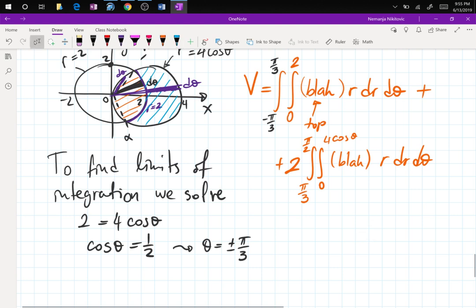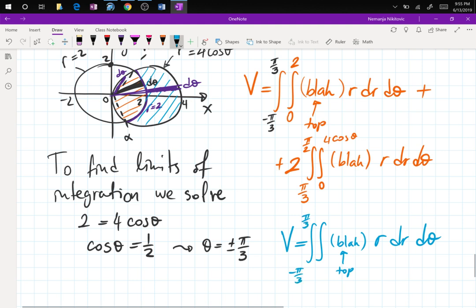So the light blue integral, V for volume, is the double integral of, again, the same function, top, r dr d theta. The limits are still negative pi over 3 to positive pi over 3, because that's where it goes.